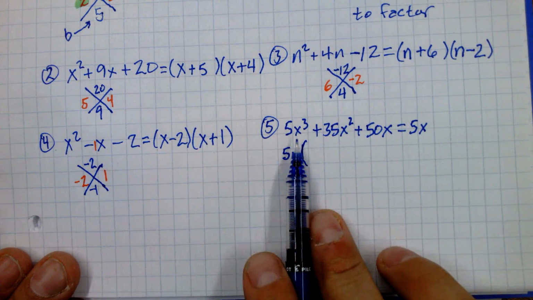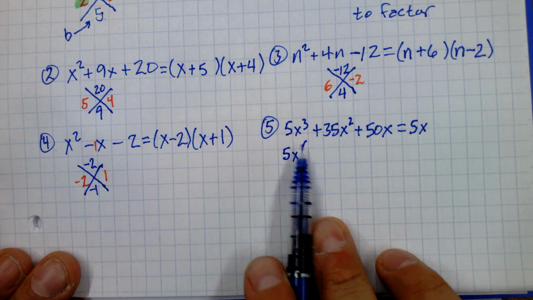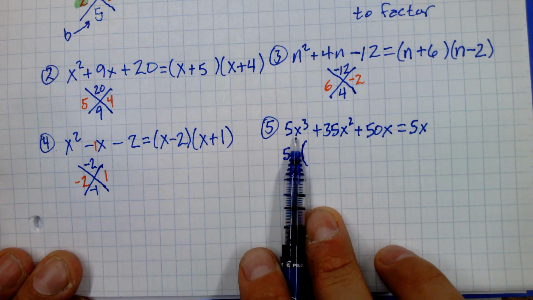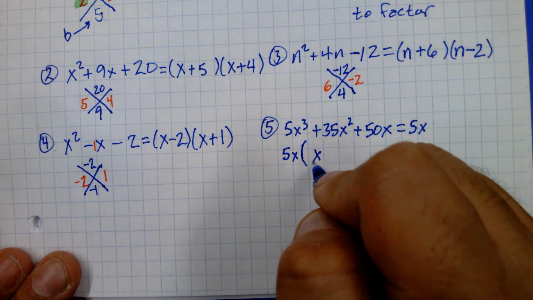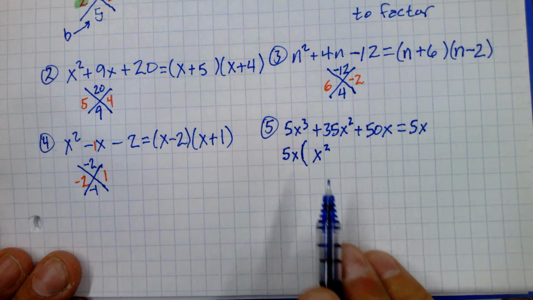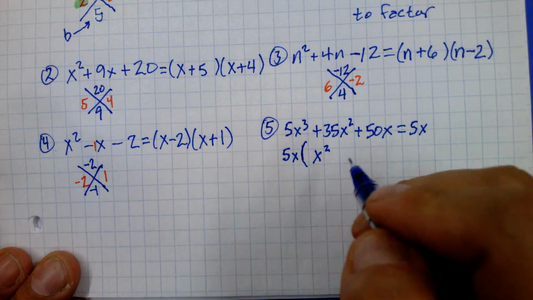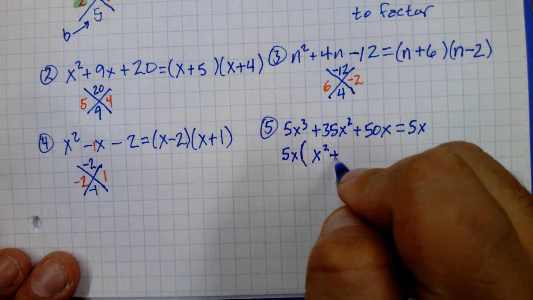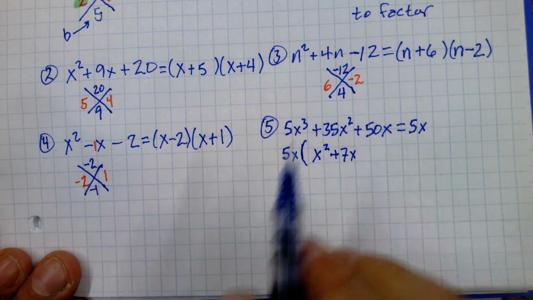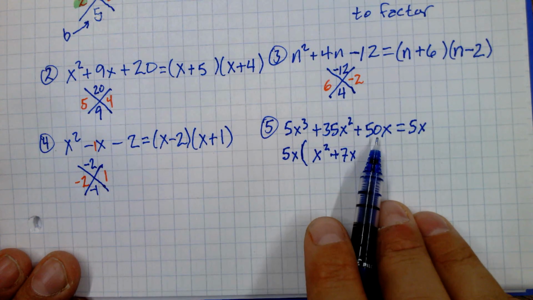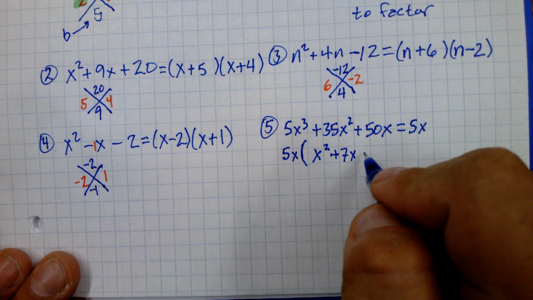And let's divide it out. 5x times what gives me 5x cubed? x squared. Okay, 5x times what gives me 35x squared? 7x. I'm going to put plus 7x. 5x times what gives me 50x? 10.